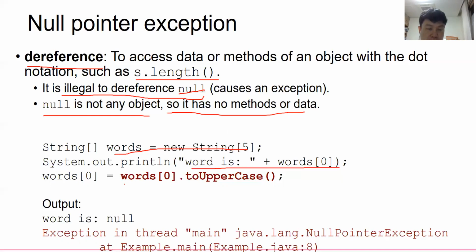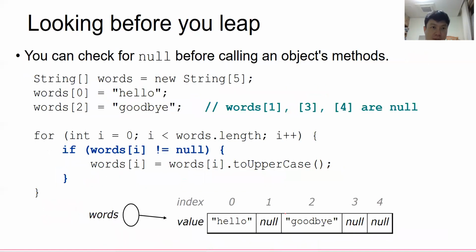But if you want to access words 0 toUpperCase, then there will be an error, because I don't have anything inside the words. It will be a null pointer exception. So be careful when you do looping. It's very dangerous.